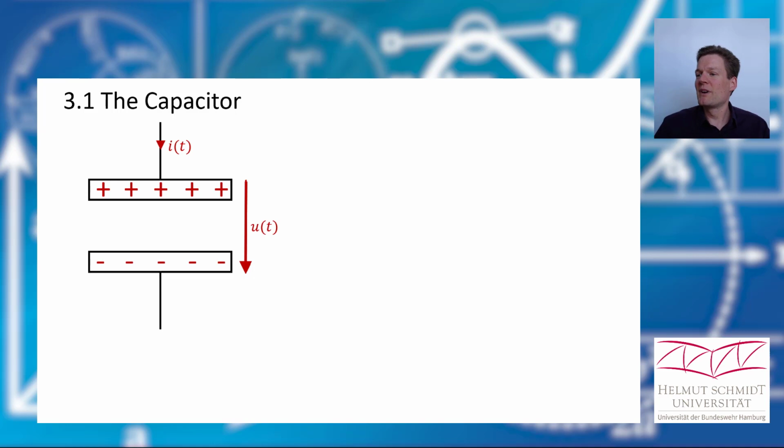Okay, let's stop here and say we have this charge here on our plates. And the definition of the capacitance is the amount of charge divided by the voltage drop at the capacitor at this charge. And we can solve this equation for the charge, and then it looks like this.